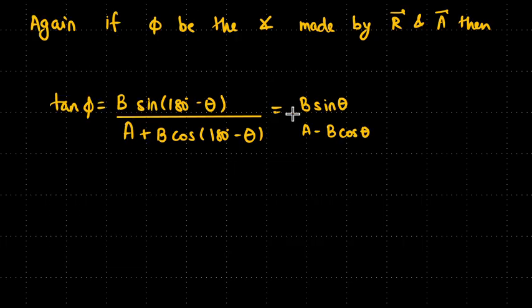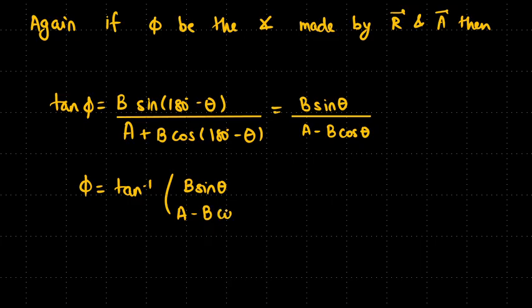So this means phi is gonna be tan inverse b sine theta by a minus b cos theta, right?